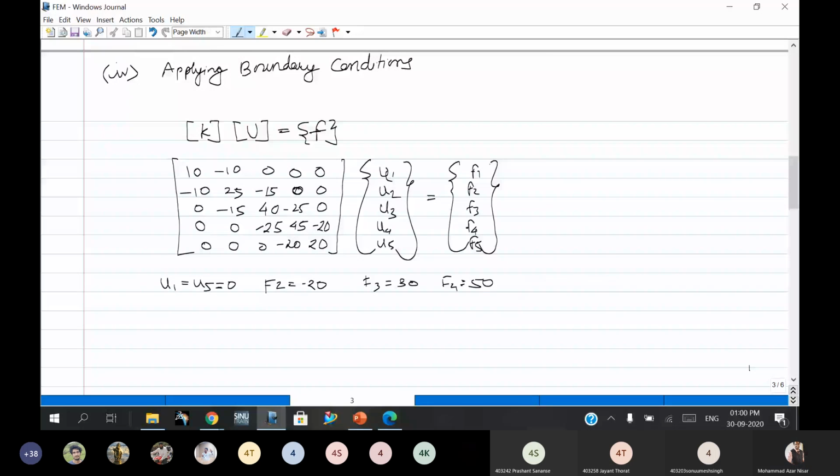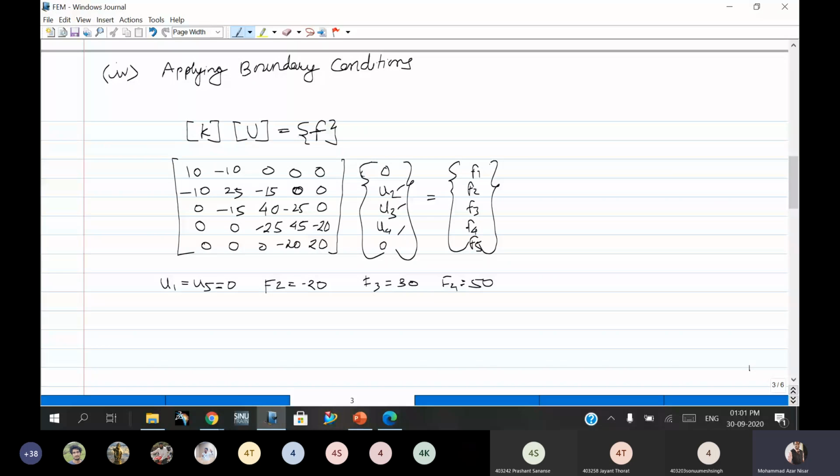U1 is 0 and U5 is 0. Okay, so you have to find out U2, U3, and U4. So deflection or displacement at node number 2, node number 3, and node number 4.